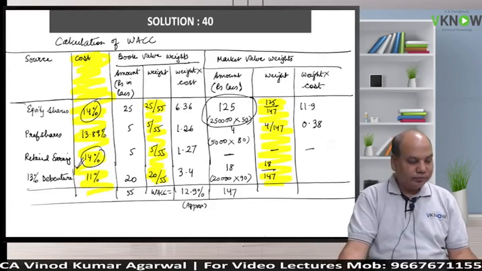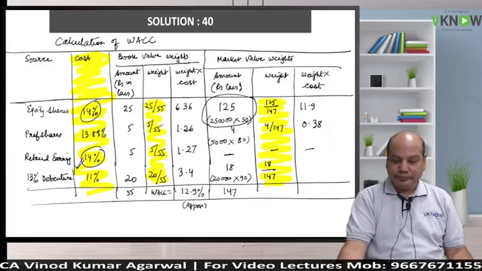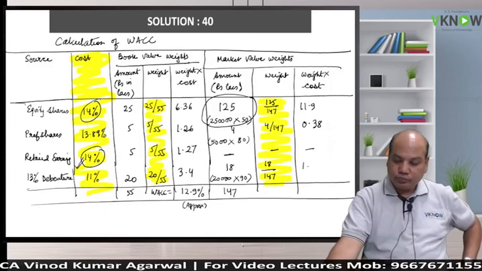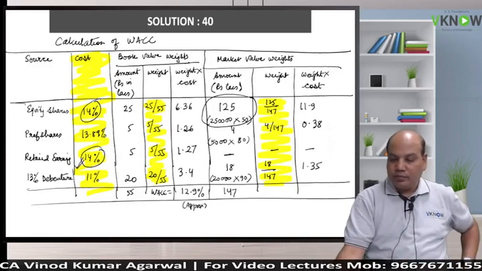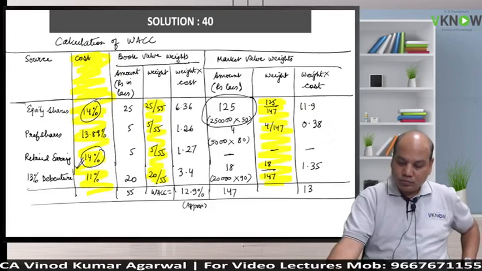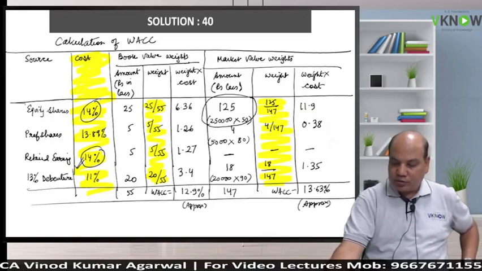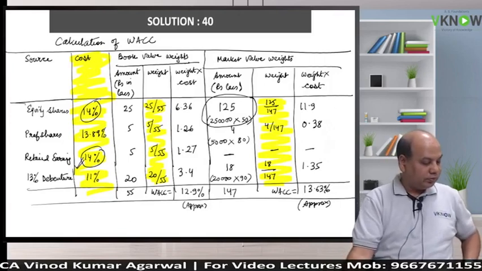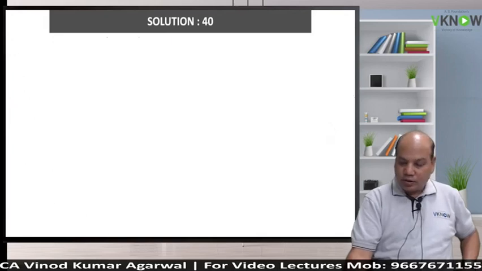Next, last one. 1.35. Total, 13.63. So WACC is around 13.63% approximately. Is it right? Say yes.